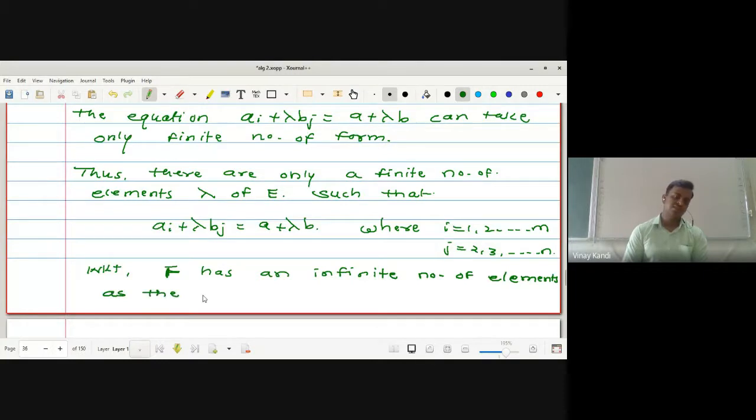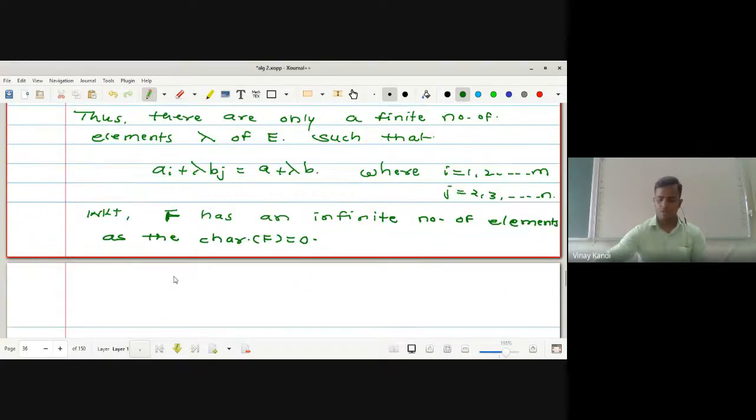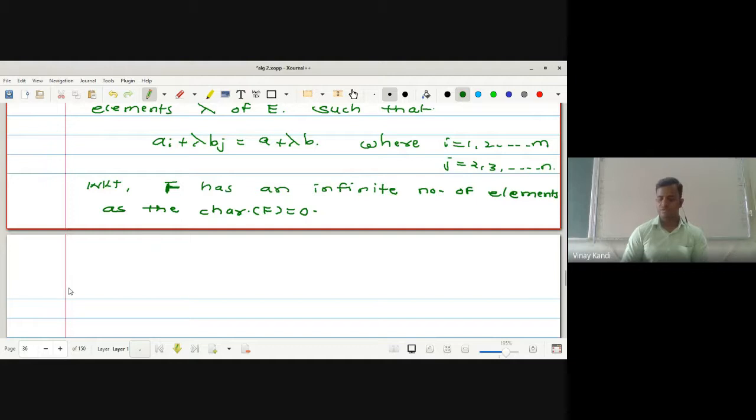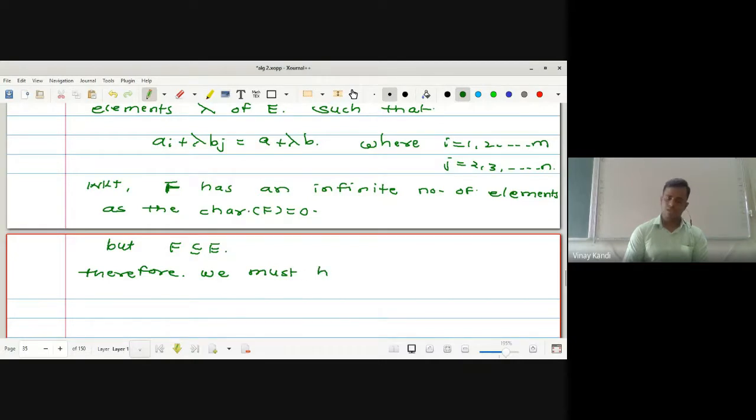As the characteristic of F is 0. Now also each element of F is in E. Okay, but F is contained in E. That is, each element of F is contained in E. Therefore, we must have an element.